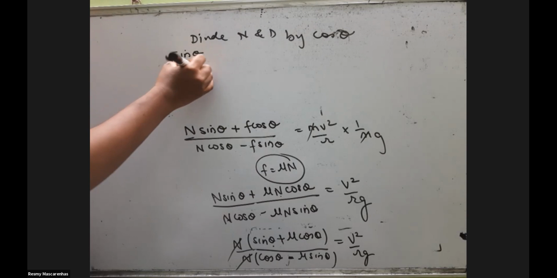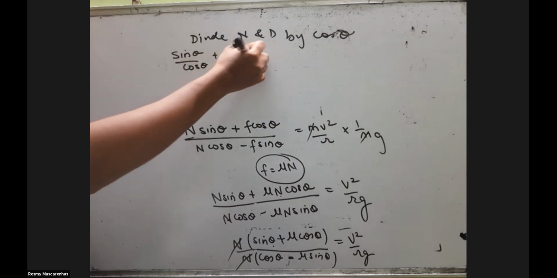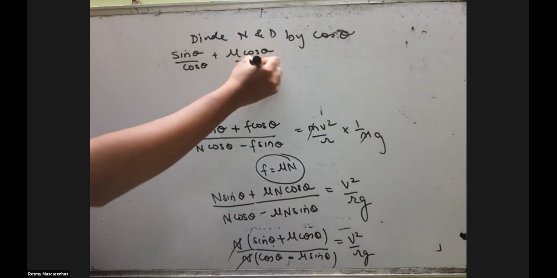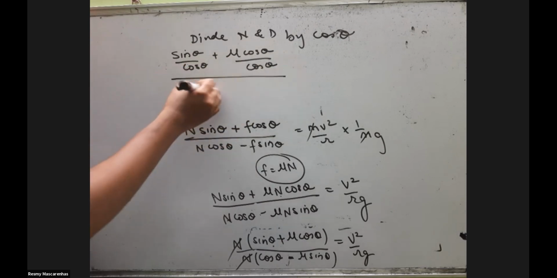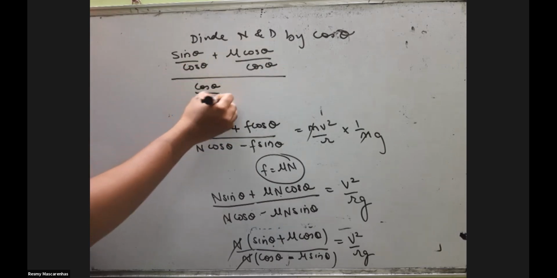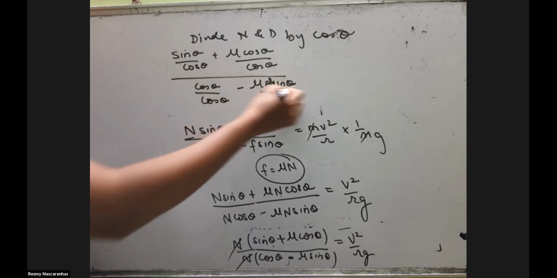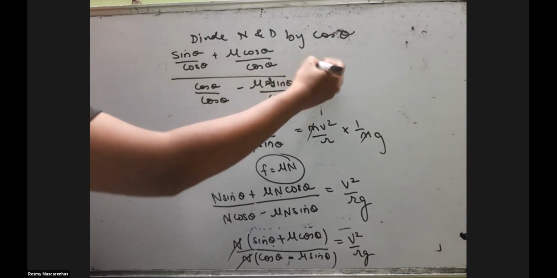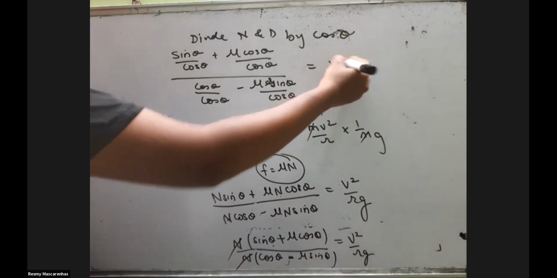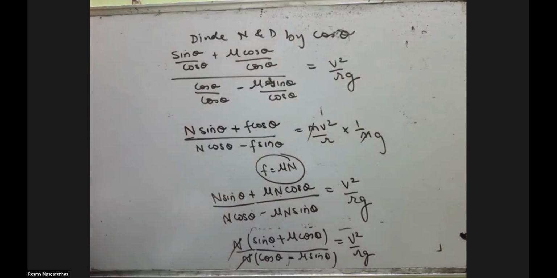Everything will get divided by cos. All the terms will have to be divided by cos. So what will happen?